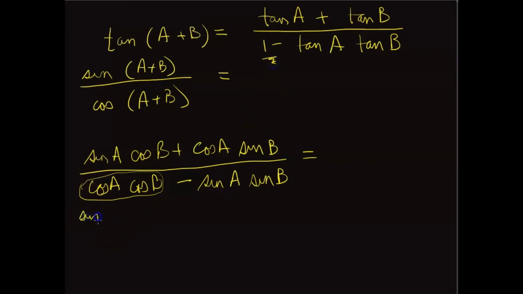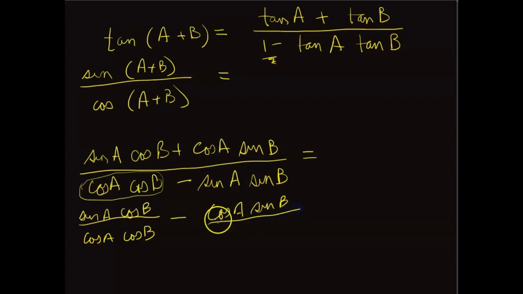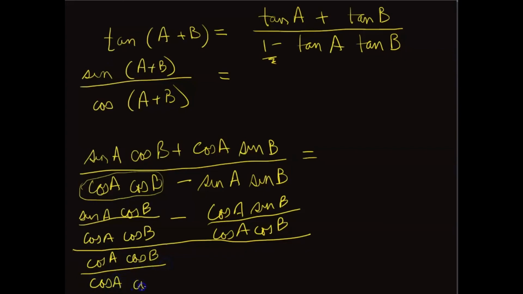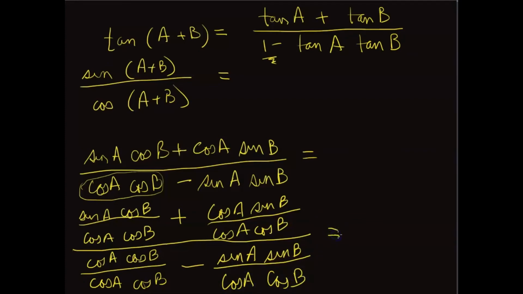So this is the sine of A, cosine of B, over cosine A, cosine B, plus the cosine of A, sine of B, over cosine A, cosine B, over the cosine of A, cosine of B, over cosine A, cosine B, minus the sine of A, the sine of B, over cosine A, cosine B. Now, of course, I ran out of room, but let's take a look at this.